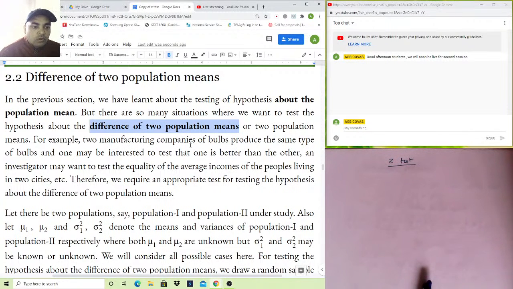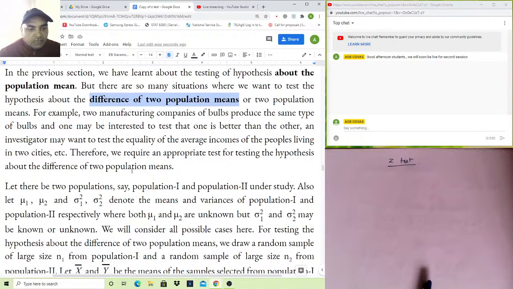For example, two manufacturing companies of bulbs produce the same type of bulb, and one may be interested to test whether one is better than the other or not. Any investigator may want to test the equality of average incomes of people living in two different cities, whether the average income in Delhi is equivalent to the average income in Bombay or not. Therefore we require an appropriate test for testing the hypothesis about the difference of the two population means.